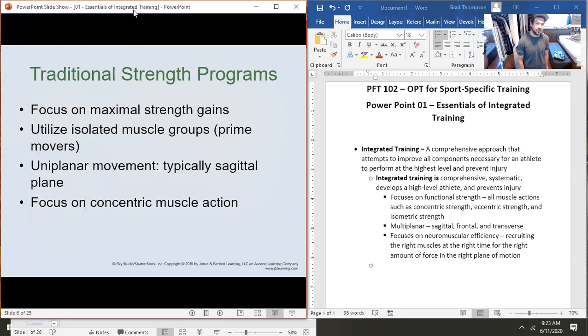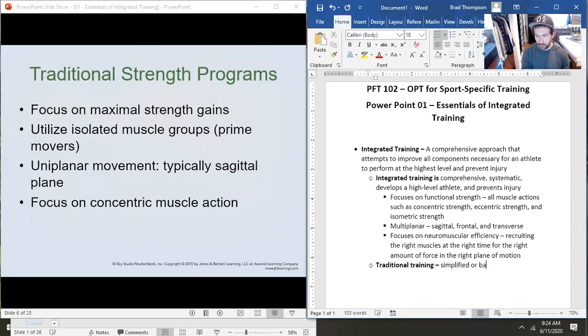So some of the characteristics of traditional strength training programs that we want to avoid are what we're going to see here. Traditional strength training programs are simplified or basic training that lacks the specificity of an integrated program.